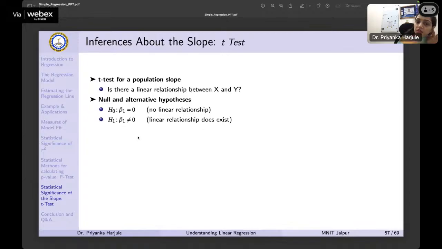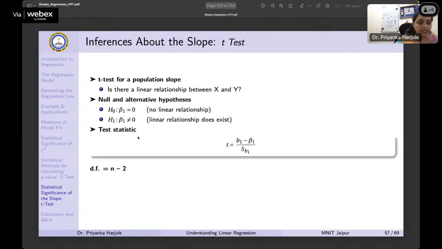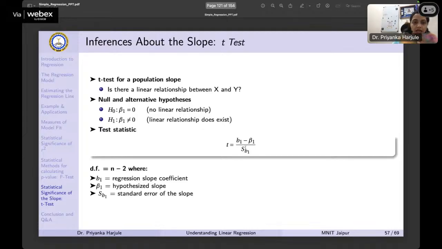If it is not equal to 0, then a linear relation exists. The formula for the t test statistic, just as we had for the F test statistic, is the difference between the actual b1 minus what we hypothesized, divided by the standard error, and the degrees of freedom is n minus 2.